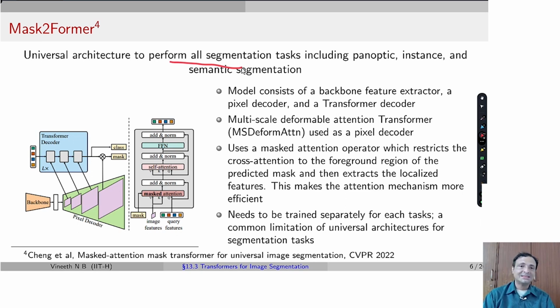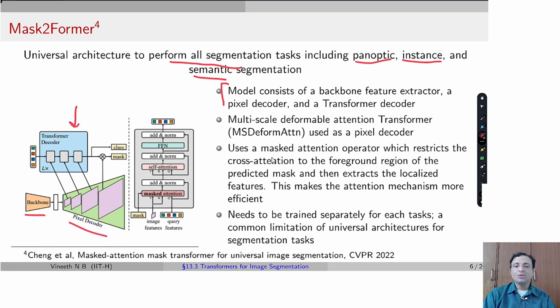Please go back and see the earlier lectures on semantic segmentation to understand the difference between panoptic, instance, and semantic. In Mask2Former, the architecture consisted of a backbone feature extractor similar to Maskformer, a pixel decoder similar to Maskformer, and a transformer decoder similar to Maskformer again.